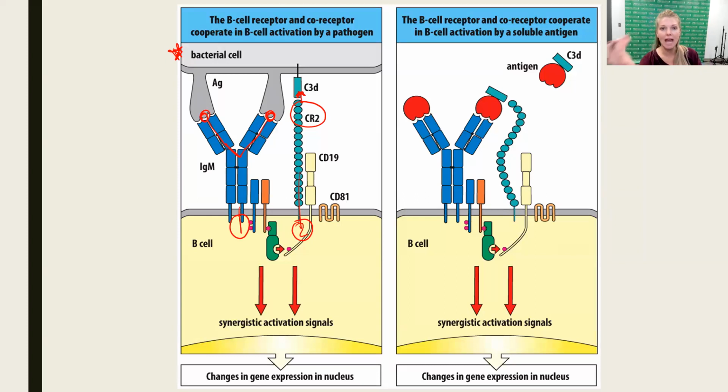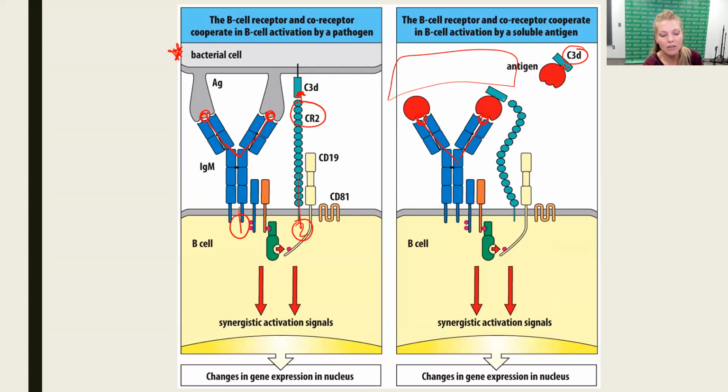Now, the same thing can happen with soluble antigen. The difference is that there's no bacteria cell that these antigens are attached to. They're soluble, but you still have to have multiple antigen receptors engaged for the cross-linking to occur. And then we still have complement on the surface of the antigen, the opsonin in there.